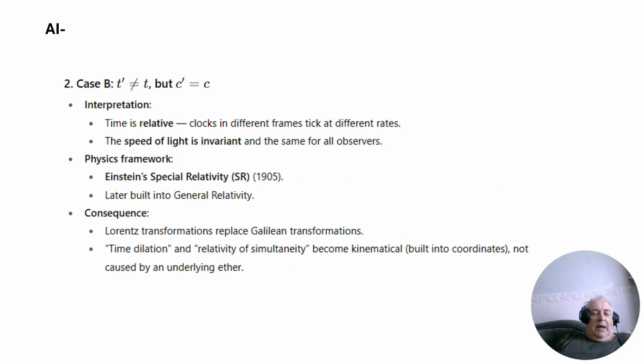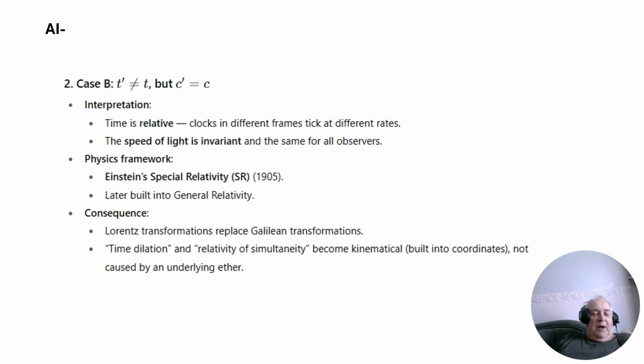So case B is when t prime doesn't equal t and c prime is equal to c. And the interpretation for that is that time is relative. Clocks in different frames tick at different rates. The speed of light is invariant and the same for all observers.